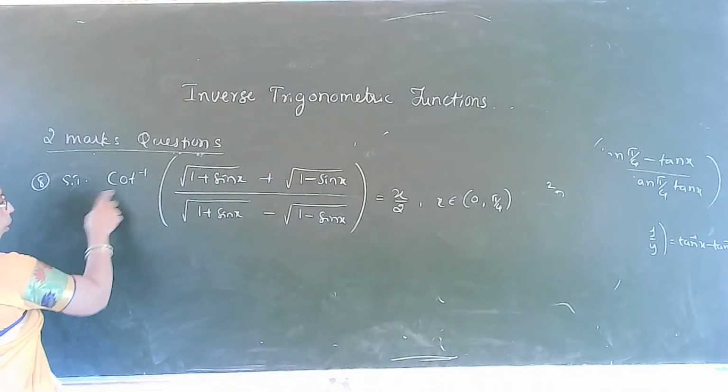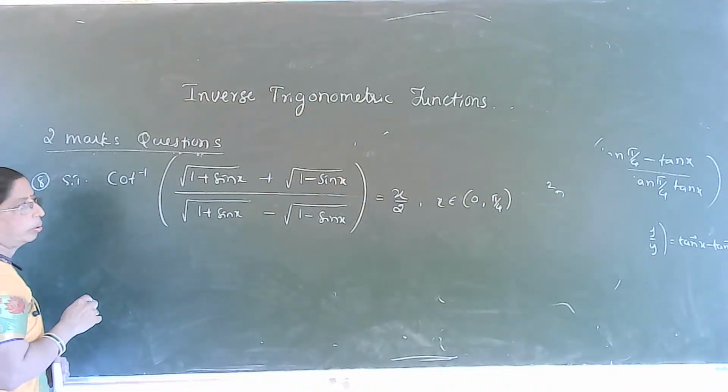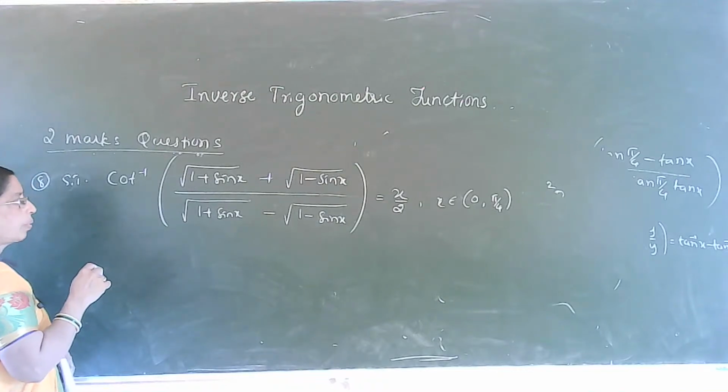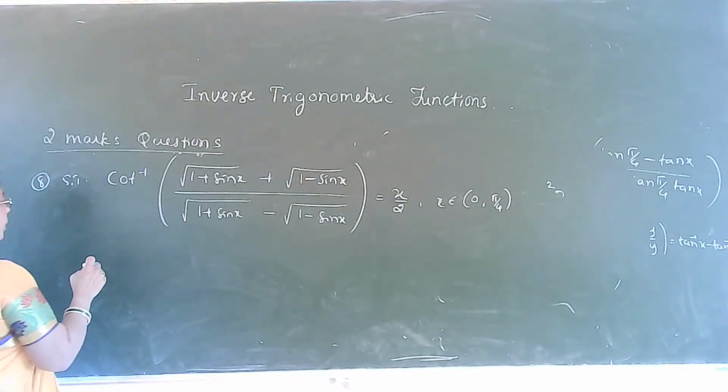Here it's a cos part, therefore the slice makes it equal to pi by 4 given.